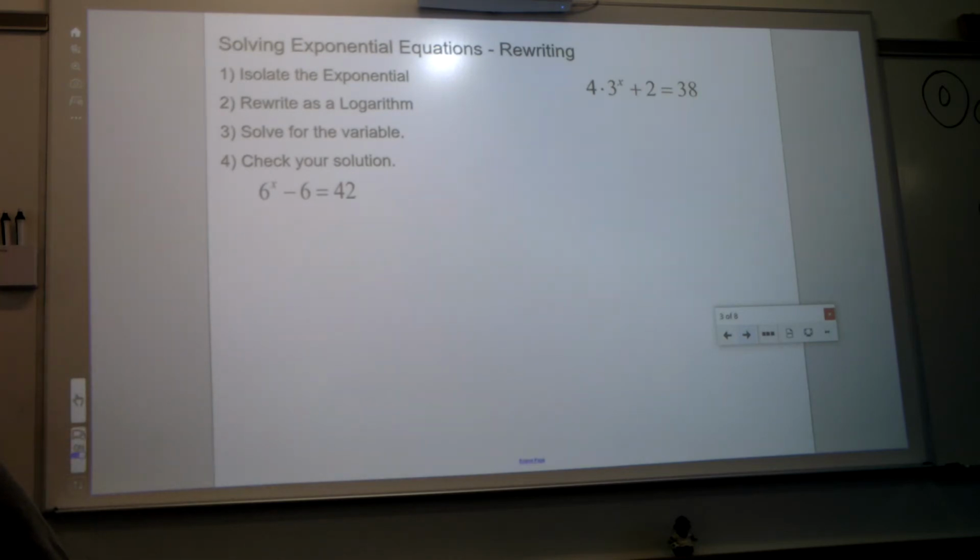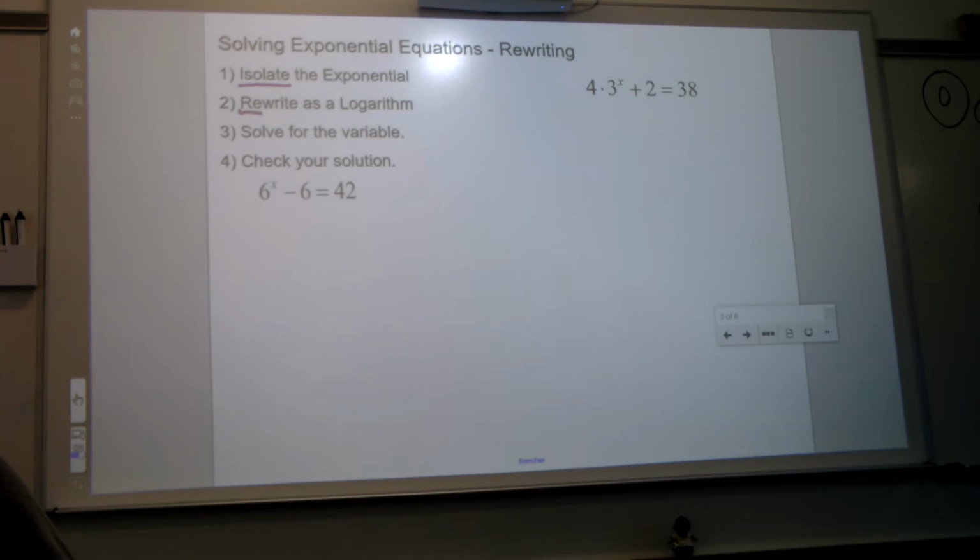What we're doing now, guys, this is how you solve exponentials if you can't do the shortcut, okay? You're going to go through your 4 steps here. Let's read those 4 steps. Braylon, will you take the first one? Isolate the exponential. Awesome. What does the word isolate mean? Get it alone, all by itself, okay? Louise, what is step 2?